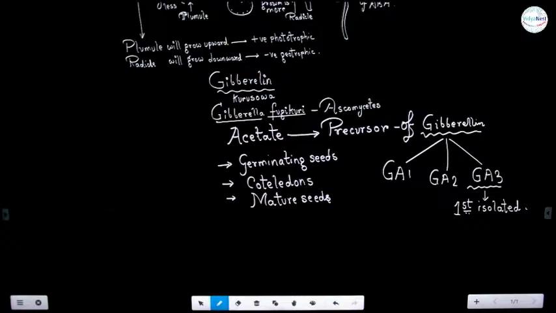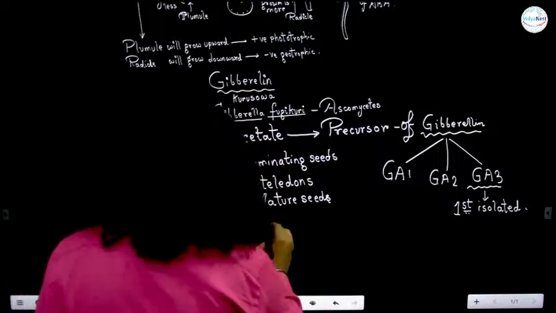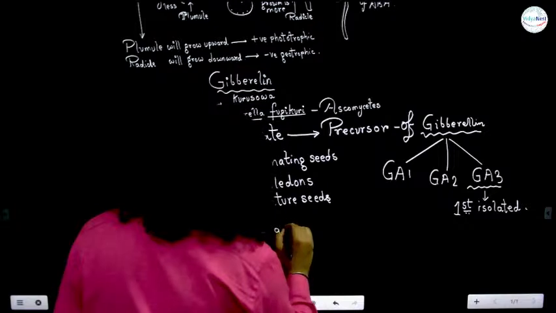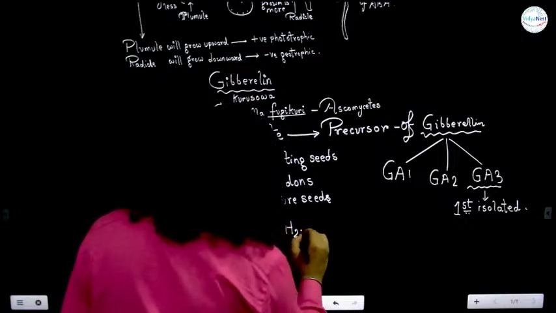And moreover, before coming to the function of gibberellin, the normal formula for gibberellin is C19H22O6.